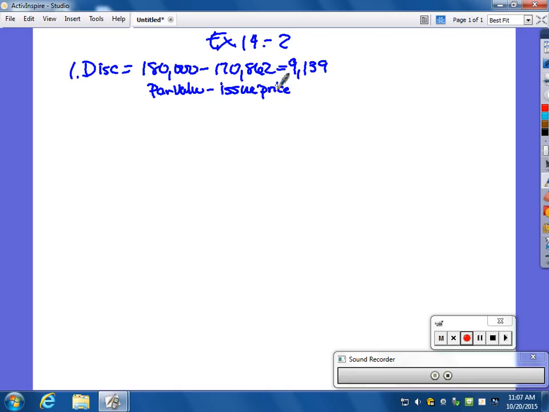All right. Number two, you're finding out the total bond interest. Yes, and what I did was I took 6 payments of 7,200, which equaled 43,000. Wait a minute.